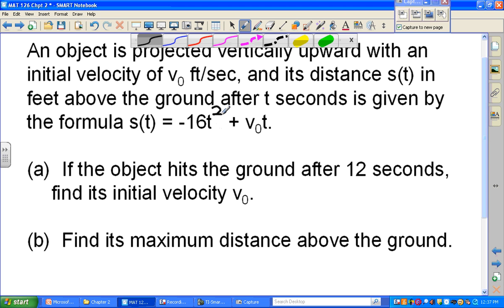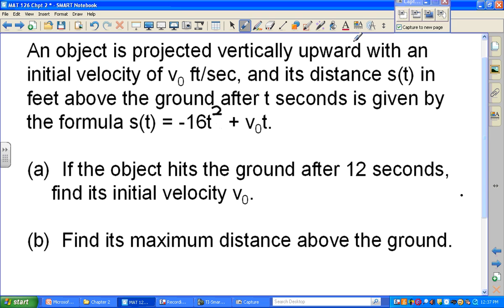There we go. So, with that said, an object is projected vertically upward with an initial velocity of v sub naught feet per second, and s of t, the distance in feet above the ground after t seconds, gives you the formula. Why is it -16? We already talked about this once. Why is it -16? What's the dead giveaway? Gravity.